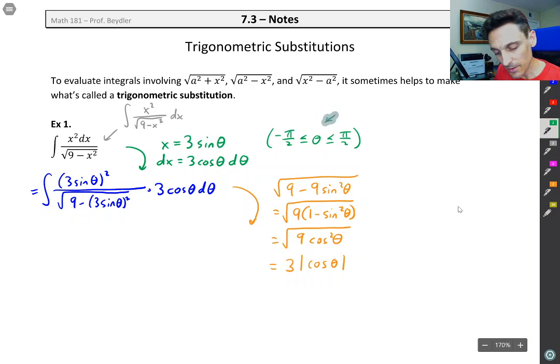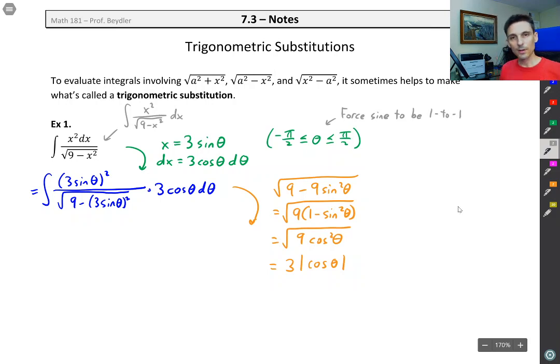What this is going to do is force sine, the sine that we're substituting for x, to be 1:1. Remember, if you have a 1:1 function, you can take its inverse, and later on down the road we're going to be needing to do that.